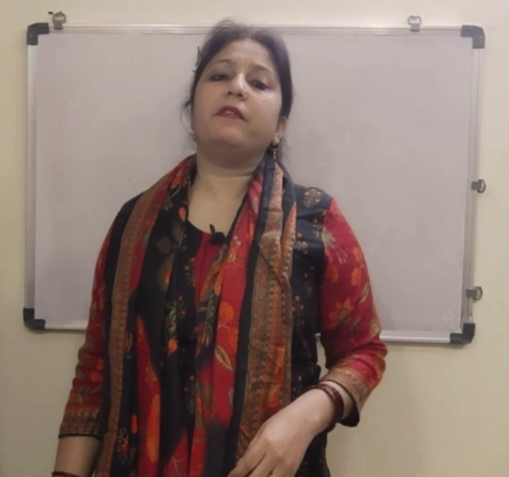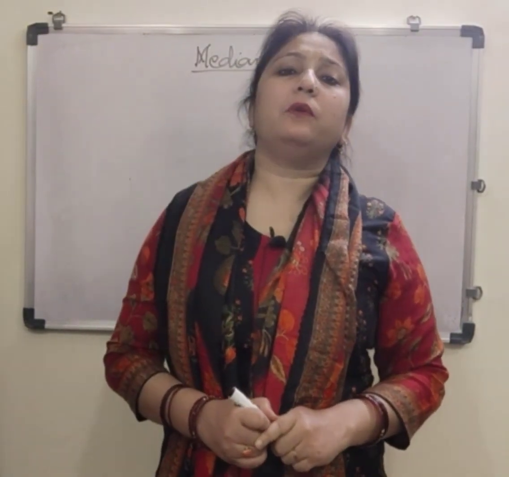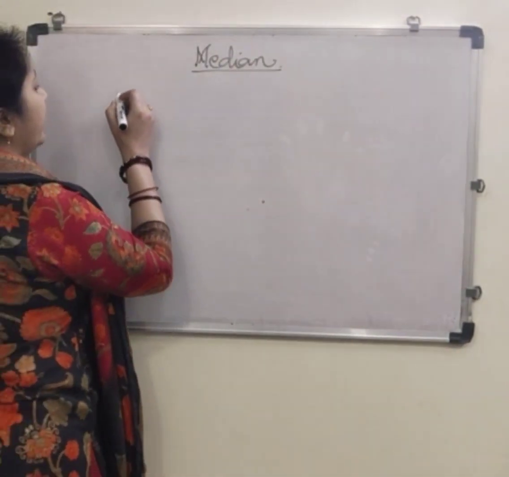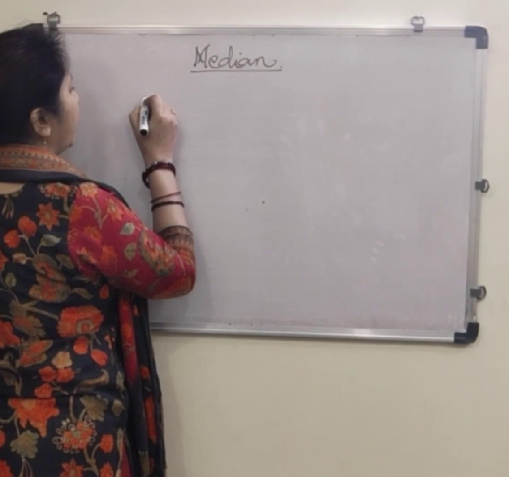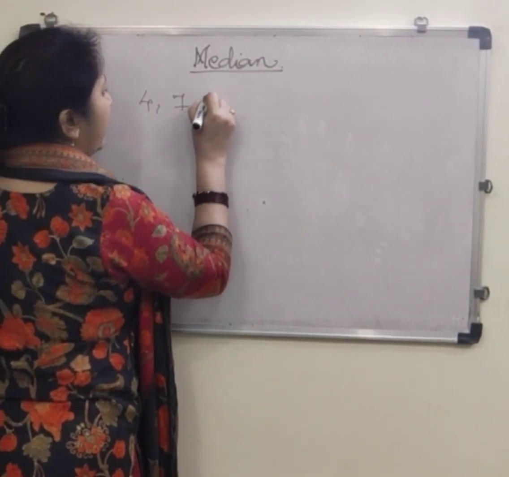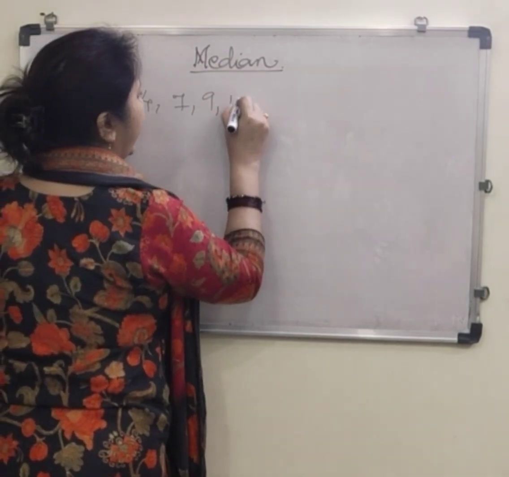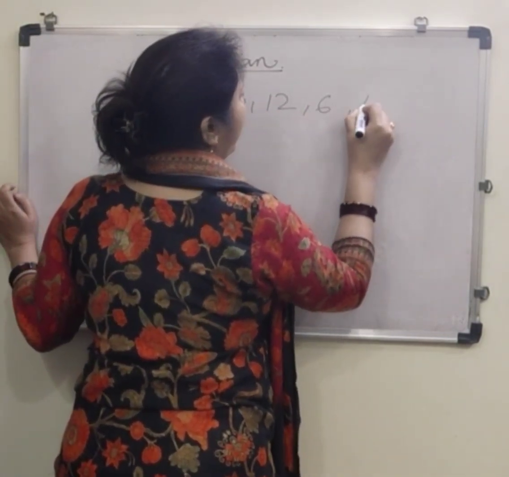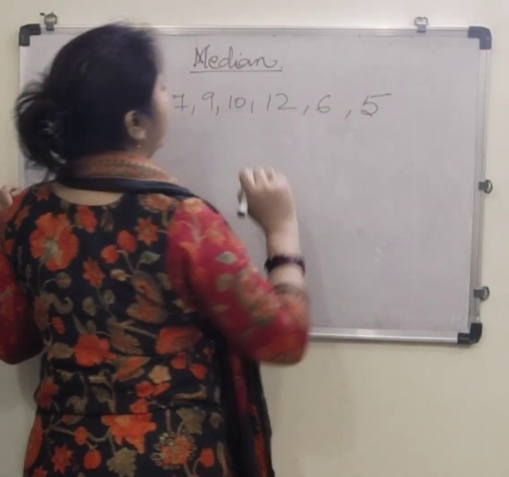First of all, we will learn how to calculate median for discrete data. Discrete data means random values are given, say 4, 7, 9, 10, 12, 6 and again say 5.